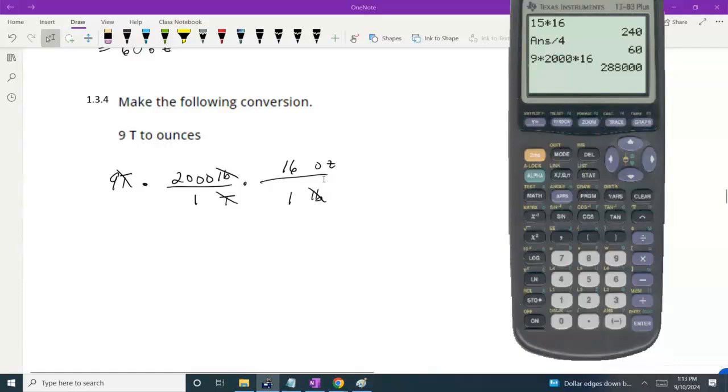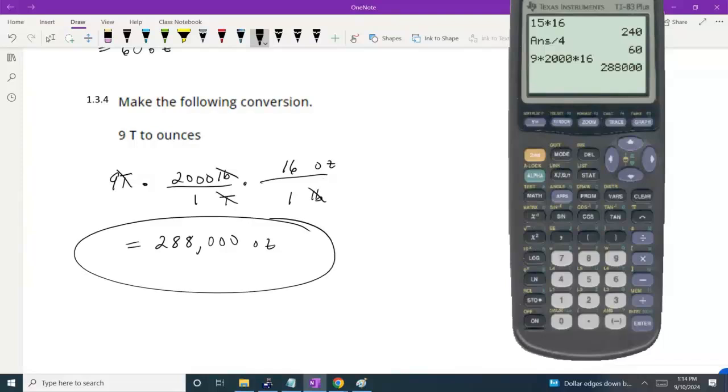All right, and my unit is ounces, so this would be 288,000 ounces. Okay. So 9 tons equals 288,000 ounces.